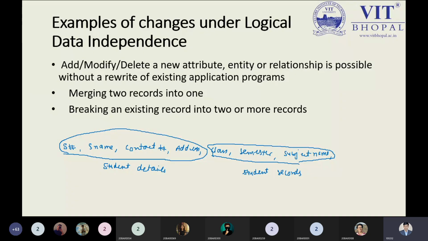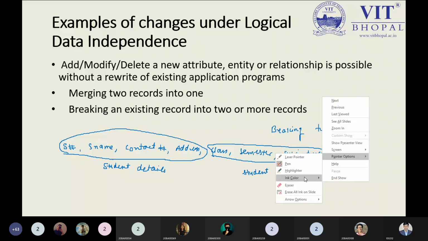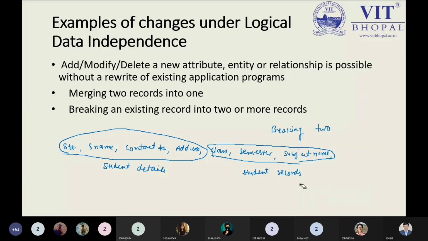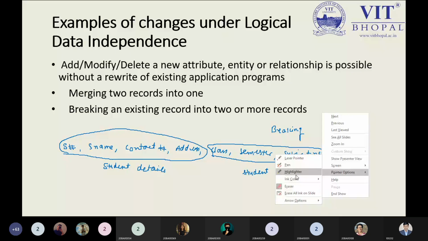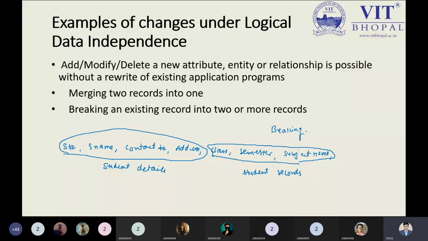So what I'm doing here, let me write correctly, breaking database into two databases.